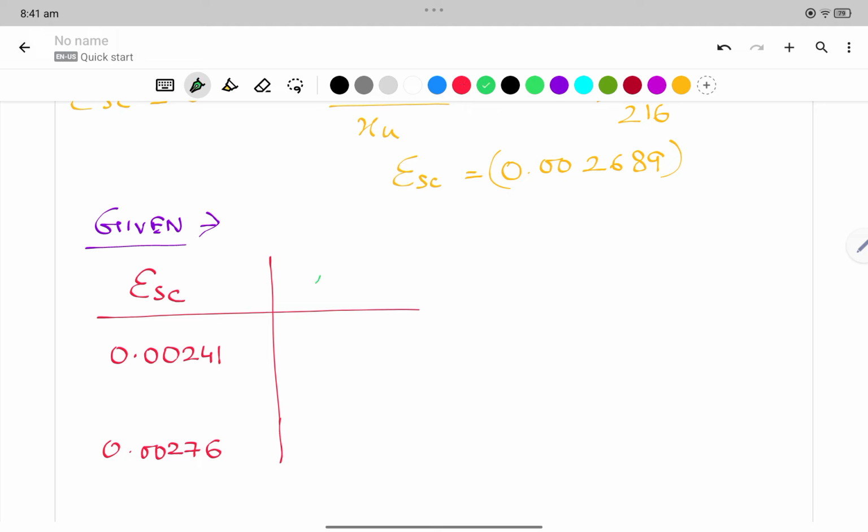Here is the given value FSC, that is 342.8 and 351.8. The value we have got for the strain is 0.002689. For this we have to calculate FSC. Okay, so now we will do the interpolation.